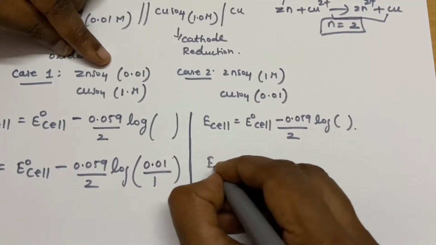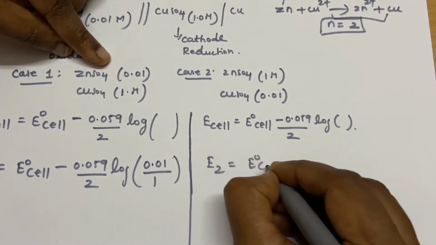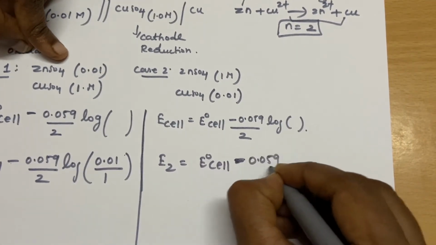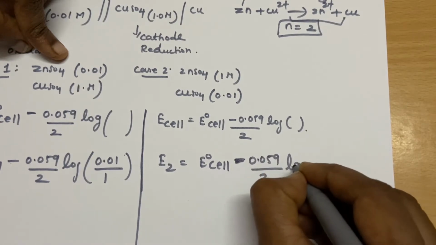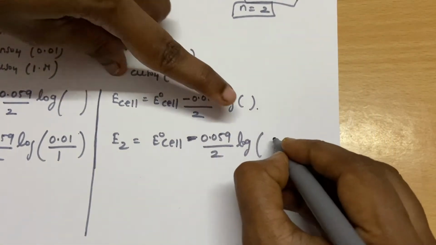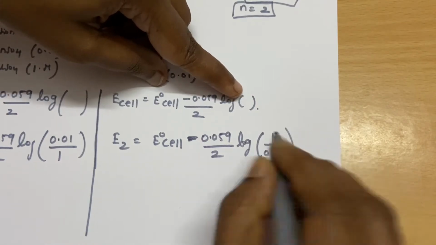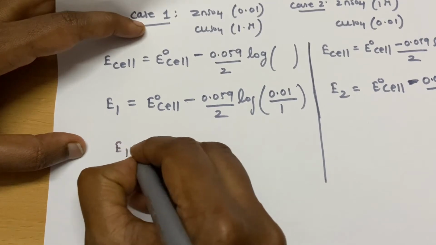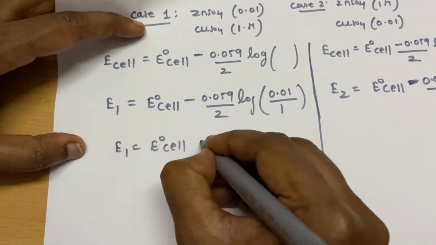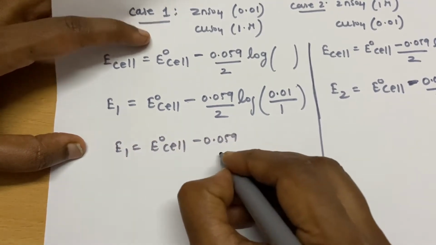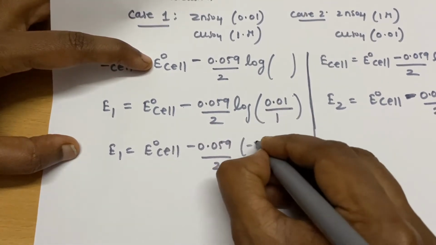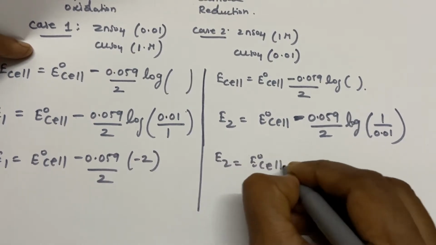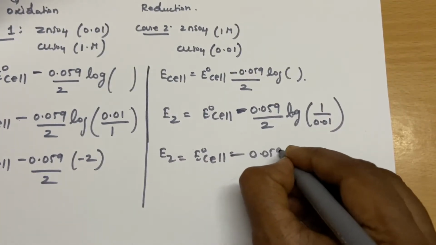And here this is E2, equal to E0 cell minus 0.059 divided by 2 log, and here they just reversed the concentration. So what happens here, let's see. E0 cell minus 0.059 divided by 2 log 0.01, which is equal to minus 2, and here E0 cell equal to 0.01.